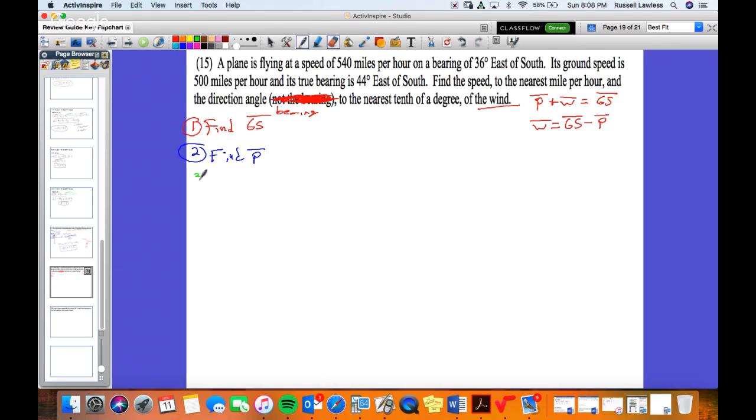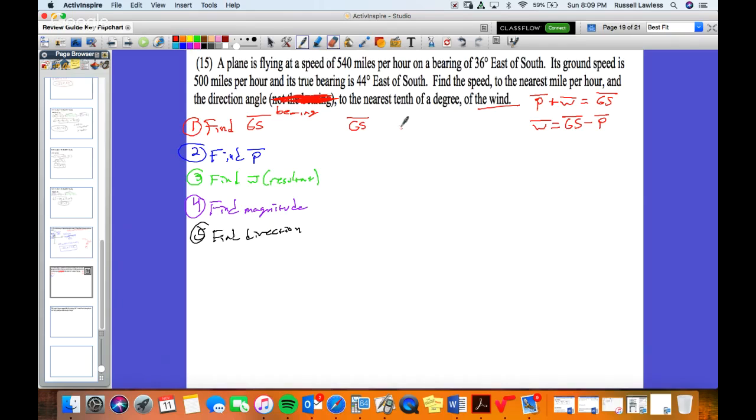Step 3, we'll look at finding the wind, which is our resultant vector. Step 4, we'll look for the magnitude. And then step 5, we'll find the direction. And so step 1, looking for the ground speed.